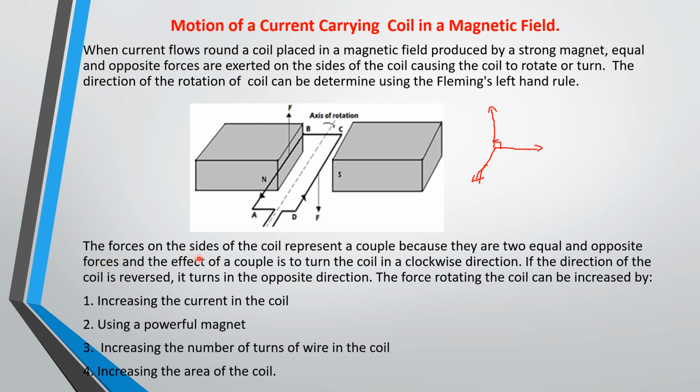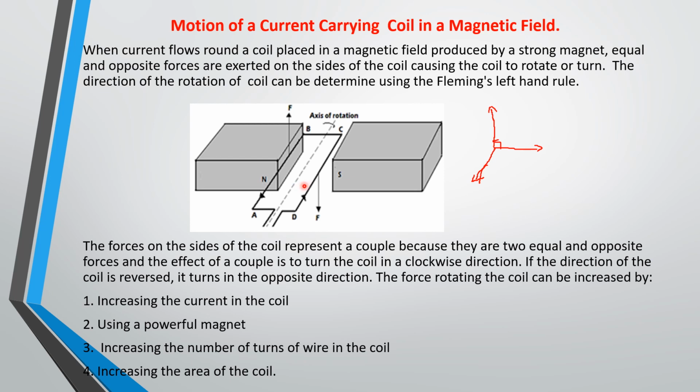The forces on the sides of the coil represent a couple. Yes, because they are equal and opposite forces. And what is the effect of a couple? The effect of a couple is rotation. So it means that this coil will rotate in a clockwise direction.